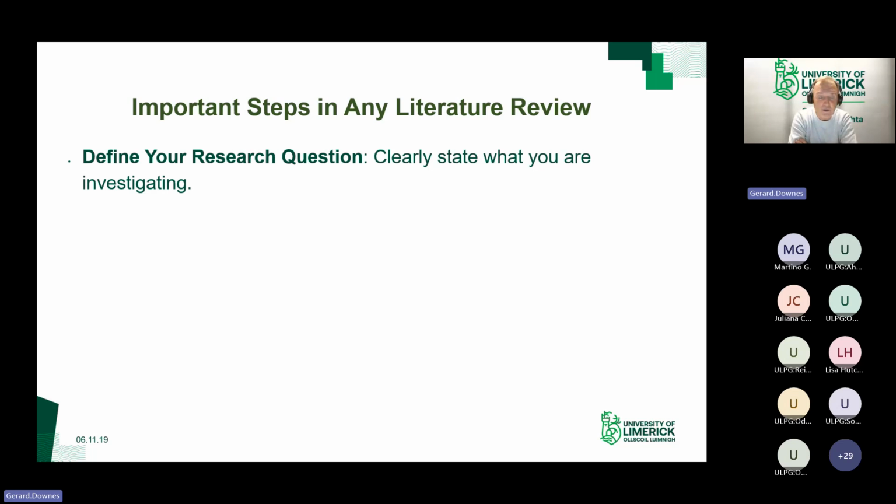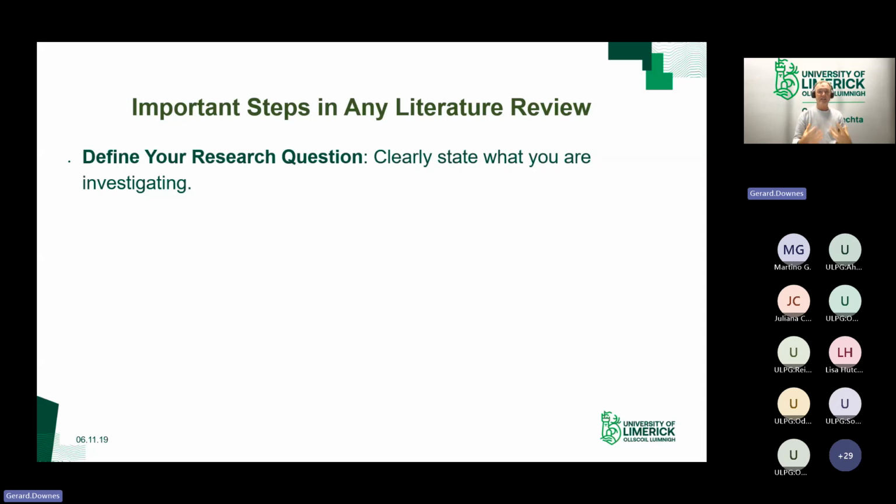What's always good to do before you start your literature review is to have a research question, we might call it a working research question, because that will help you to define the parameters of what you're looking at in terms of the literature. Otherwise, if you don't have a research question when you begin a literature review, you could end up reading everything in the area, and that would be really detrimental to you in terms of trying to write your thesis.